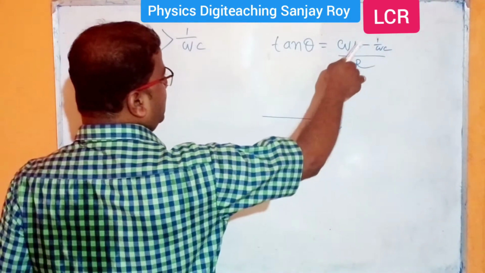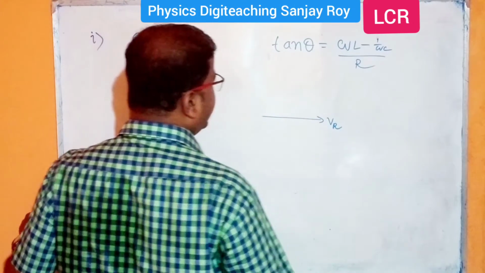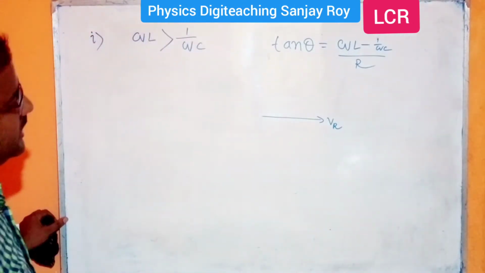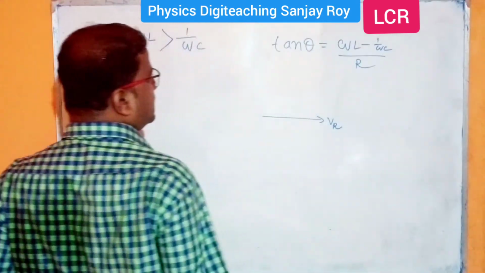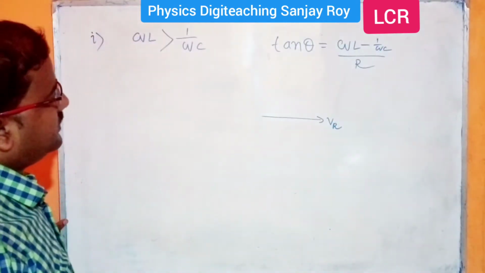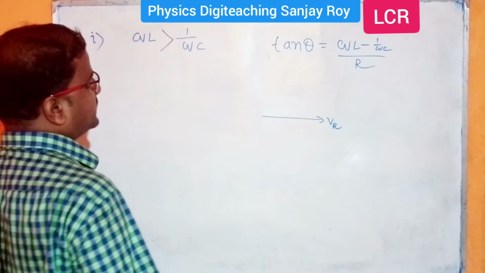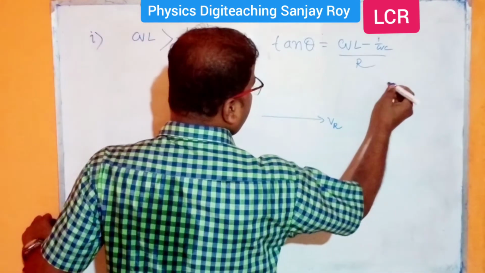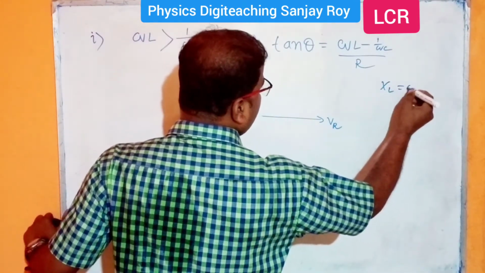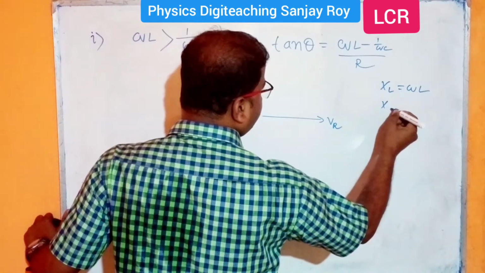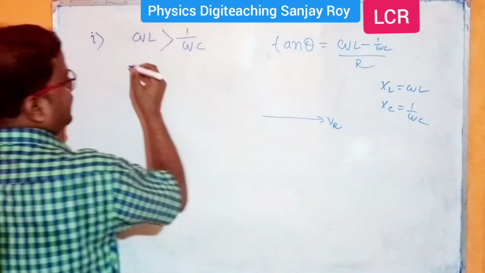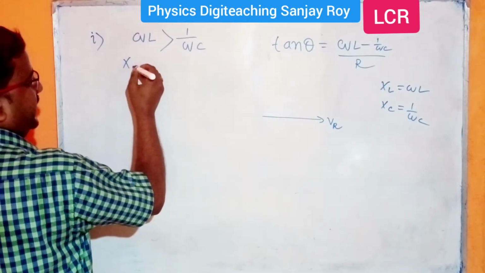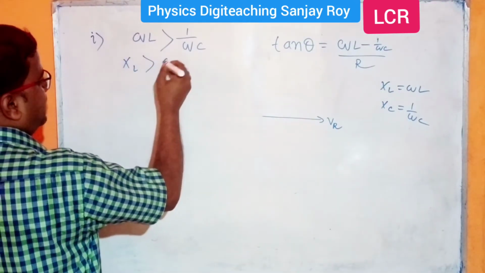Here omega L means reactance of the inductor, and 1 by omega C is the reactance of the capacitor. That is XL equal to omega L and XC equal to 1 by omega C. It is XL greater than XC.